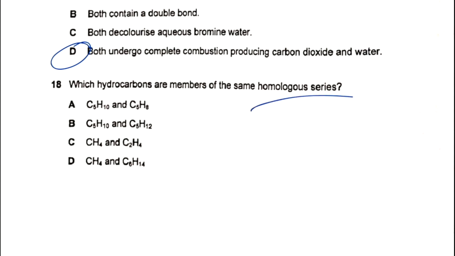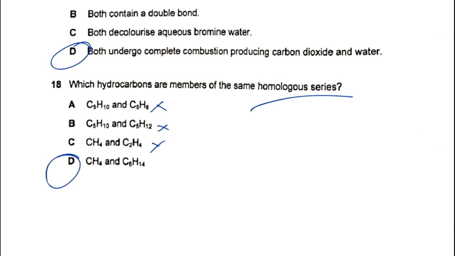Which hydrocarbons are members of the same homologous series? Homologous series can be alcohol, acid, alkane or alkene. So this one is not. This one is not. This one is not. D. Why D?